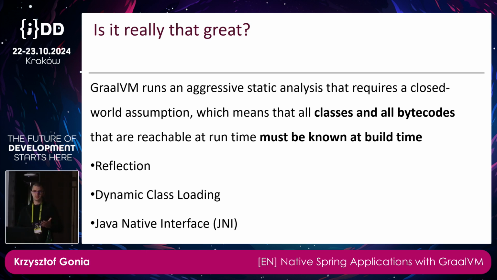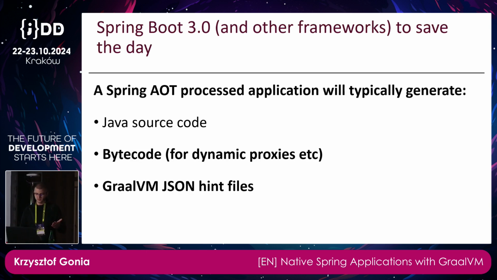So what's the solution for that problem? The solution is to use the newest version of the framework. It's possible to build a native image with Spring Boot 2, but it's painful. It's much easier with Spring Boot 3, which has support for AOT.